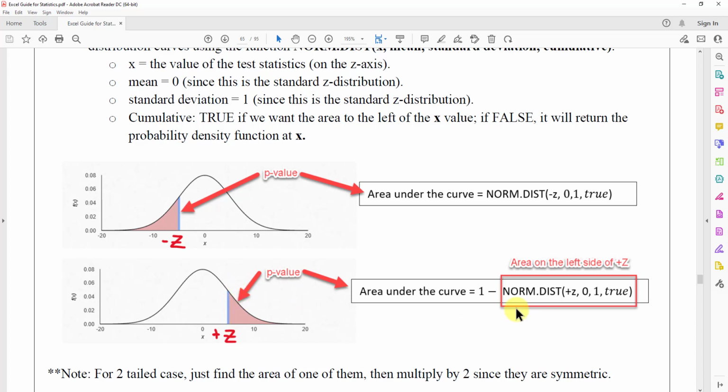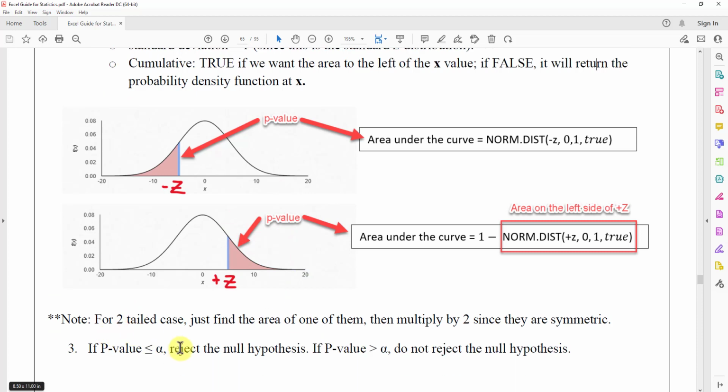The norm.dist always gives you the area on the left side of that x value. So you take 1 minus that area on the left, the white one, and it gives you the pink area on the right, and that is the p-value that we need.